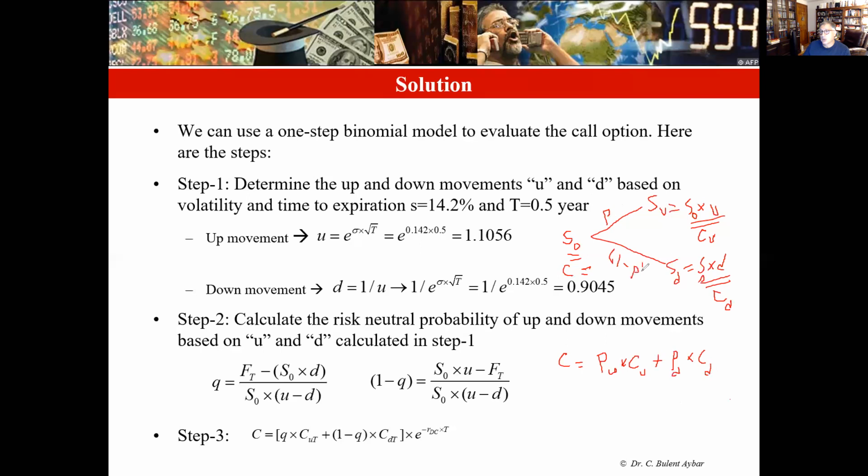So in order to price the option, we need to first calculate U and D, and then the probability of up movement and the probability of down movement, which are given as Q and 1 minus Q. The reason we are not using the regular term P is that these are risk-neutral probabilities, which are a mathematical construct.